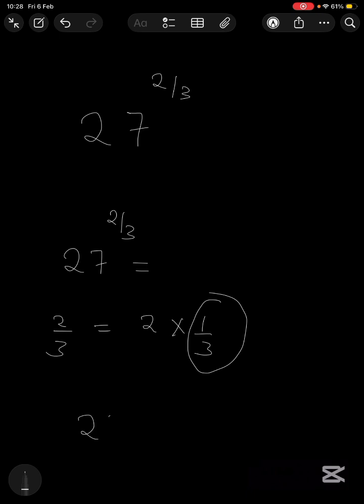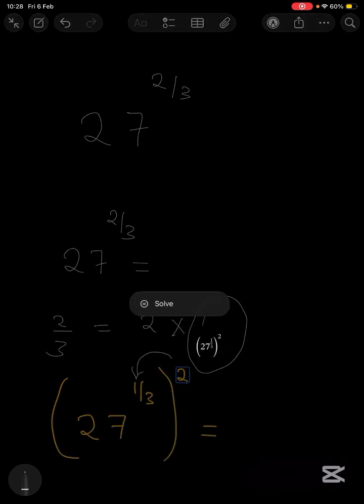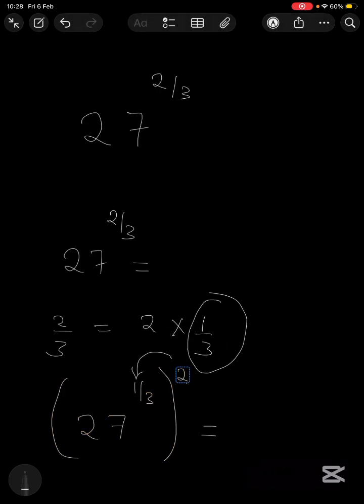It is the same as writing 27 power 1 over 3, then power 2. If you take 2 times 1 over 3, we get 2 over 3. Can you find the cube root of 27? If you find the cube root of 27, we get 3. Then we have power 2. 3 power 2 is the same as 9.